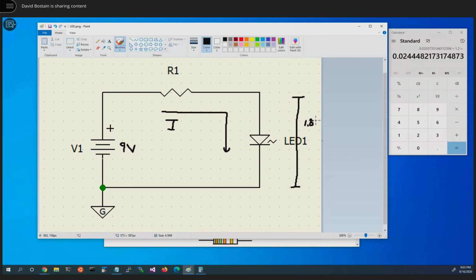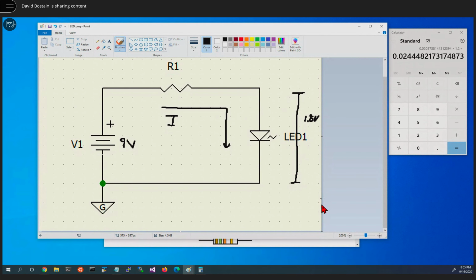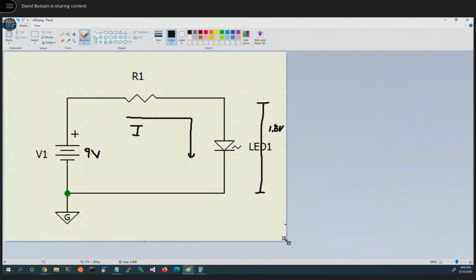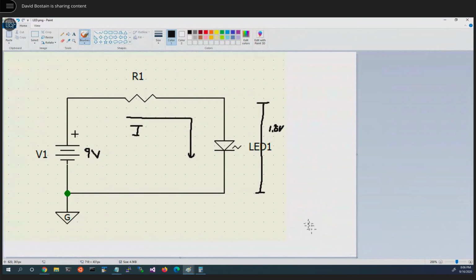It's a green LED. What I want to know is what value resistor do I need to buy, the color code for it, and whether or not it's going to be safe to put in the circuit.